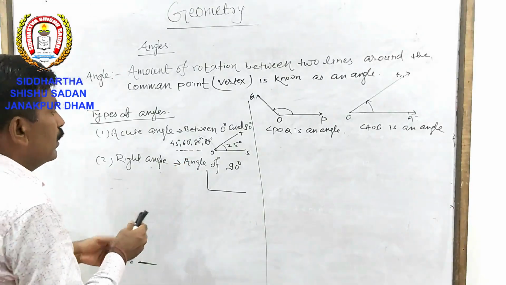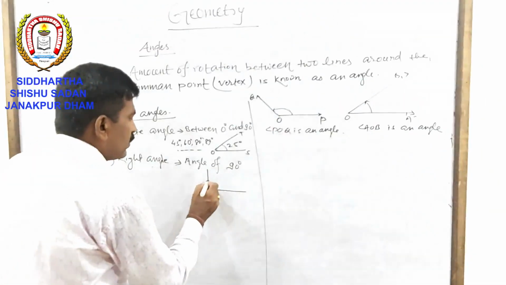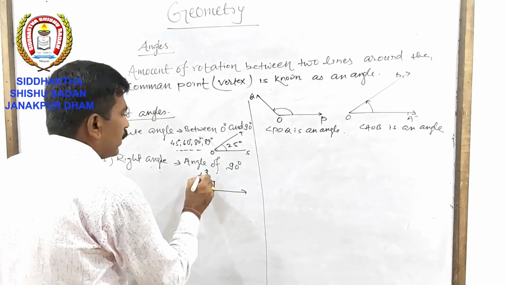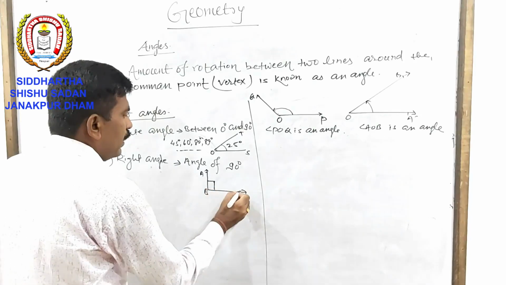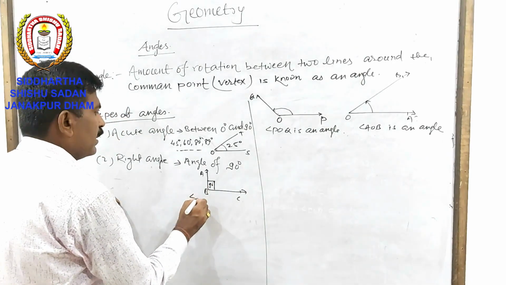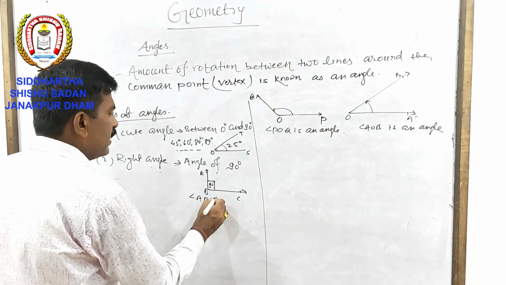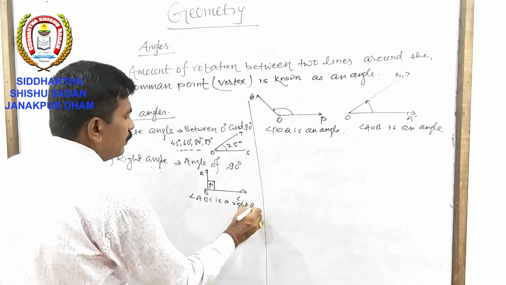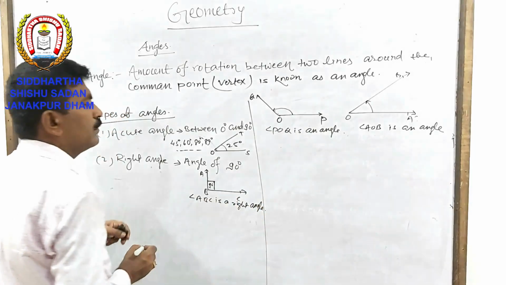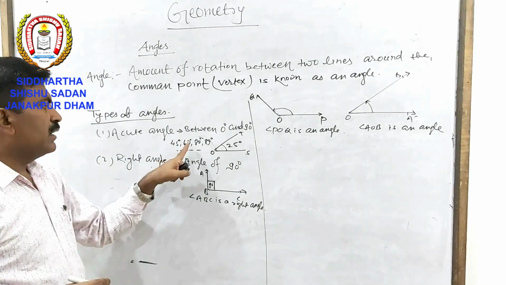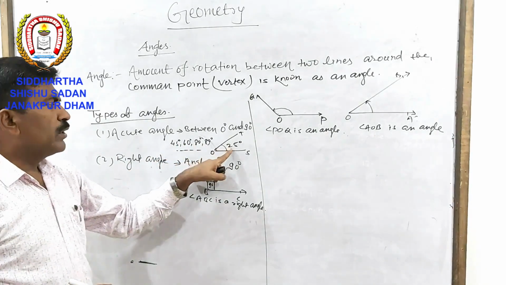So that's why, here suppose now A, B and C. If this is 90 degree, the angle ABC is a right angle. Same way here, 45 degree, 60 degree, 80 degree, 89 degree, 25 degree.